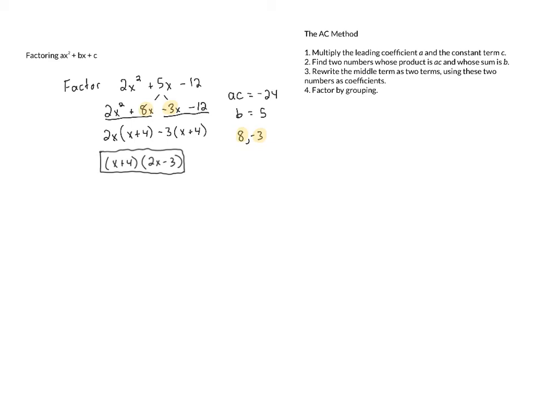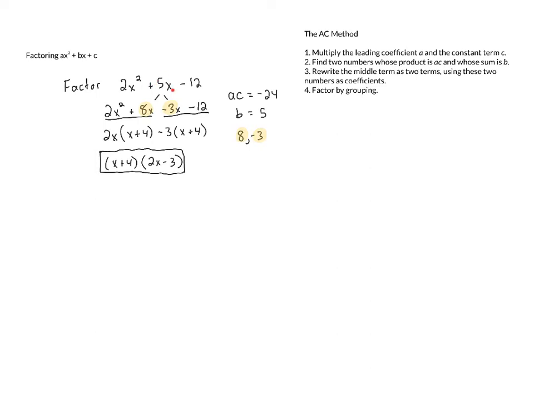What the AC method does is it allows us to take a trinomial and split it up into a polynomial with 4 terms, but it does so in a particular way so that these new terms allow us to use factoring by grouping. We could split this 5x up in a lot of different ways.